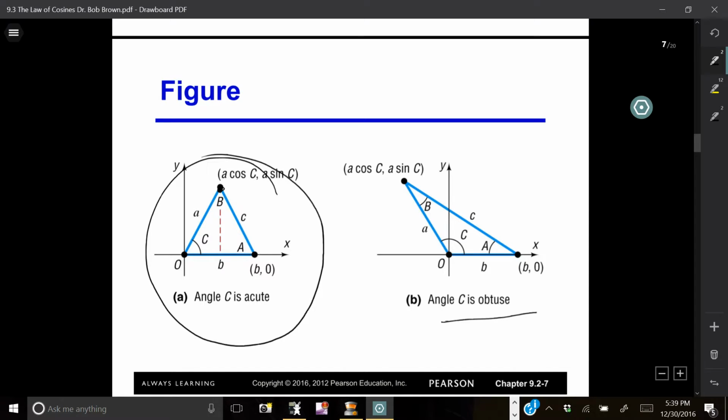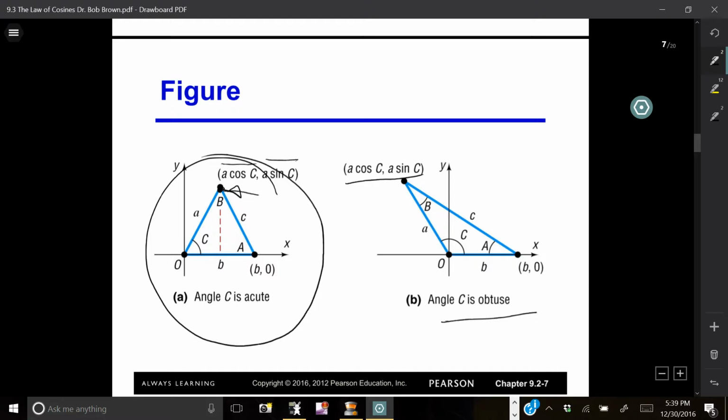The other example is where one of the angles, C, is obtuse, and just illustrates that if you take the point here, using our knowledge of a non-unit circle with a radius of a, that this point would have an x value of a cosine of C, and the y value would be a sine of C. And this would also work if angle C were obtuse.